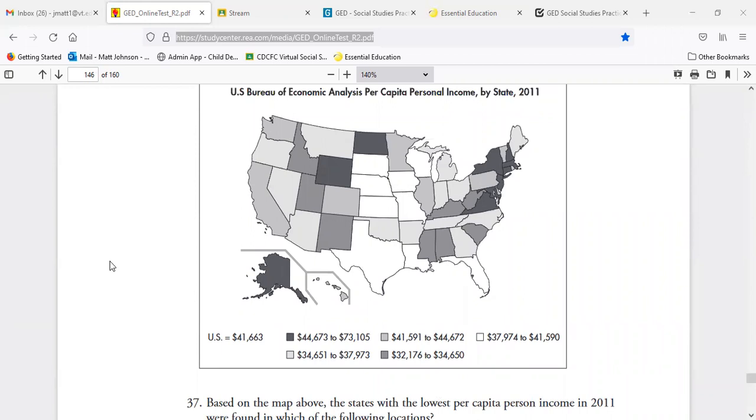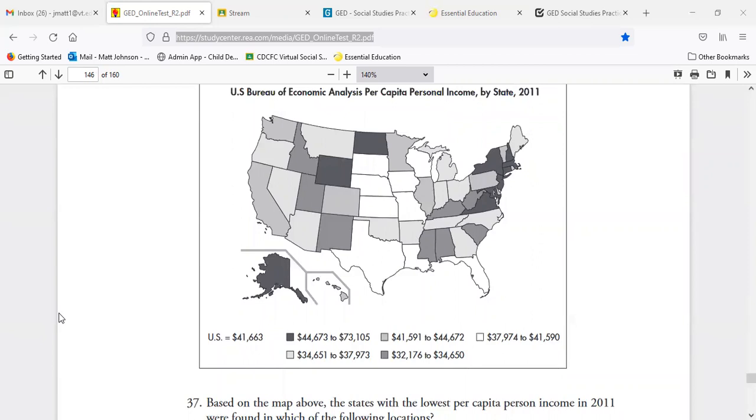Is it like Georgia and Alabama? We have some over here, like Idaho, Utah, New Mexico, Kentucky, West Virginia, and then we have South Carolina. Yep.